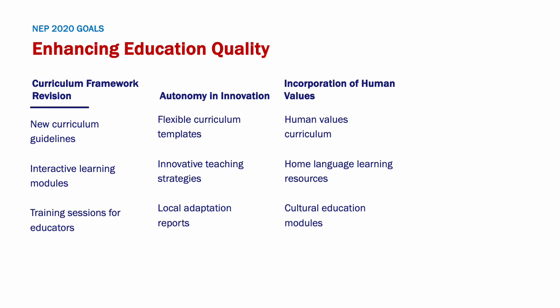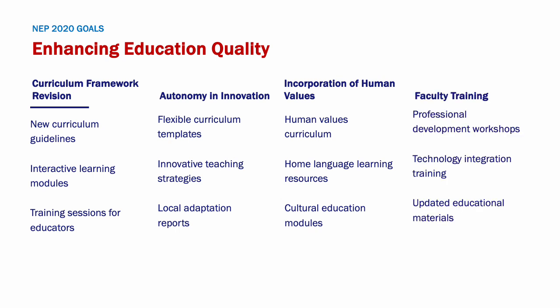Include materials on human values and instruct in the home language until at least grade 5 to enhance understanding and cultural relevance. Equip faculty with the necessary training to stay updated with the latest improvements in educational pedagogy, technology, and curriculum.